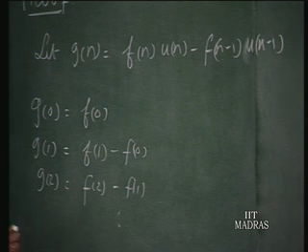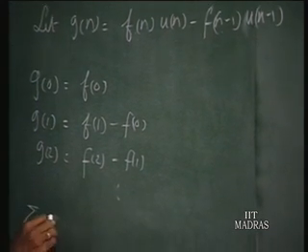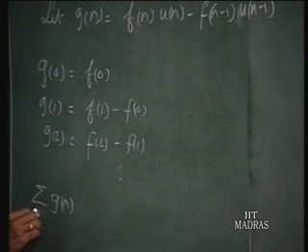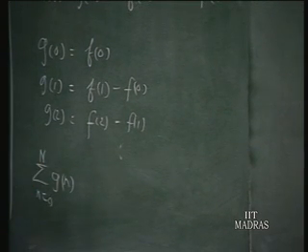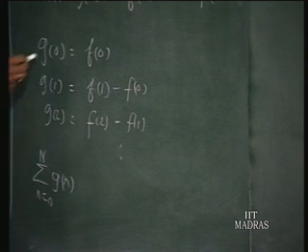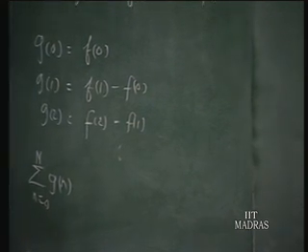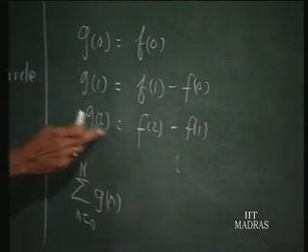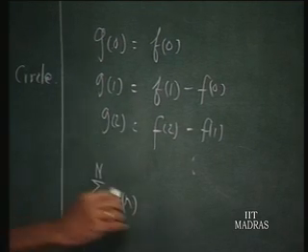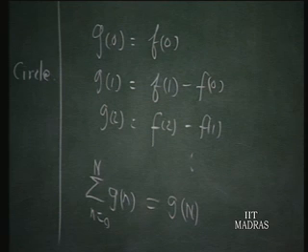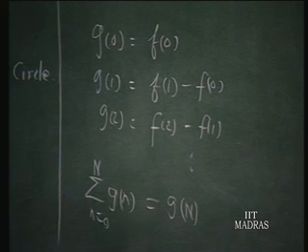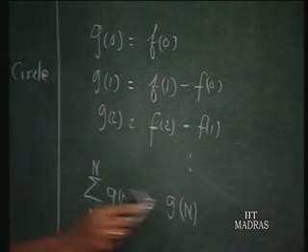So if you take the sum of g[n] from n equals 0 to some value capital N, then you add up all these functions. When you add g[0] to g[1], you get f[1]. When you add g[0], g[1] and g[2], you end up with f[2]. So it's obvious that when you add up all the samples g[n] from n equals 0 to capital N, this is going to be f[N].